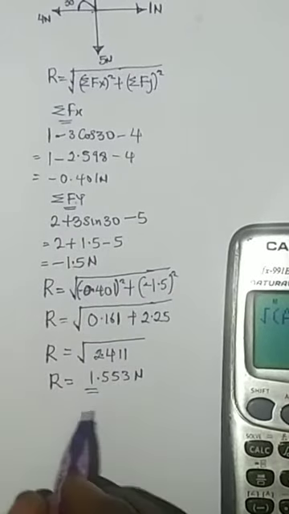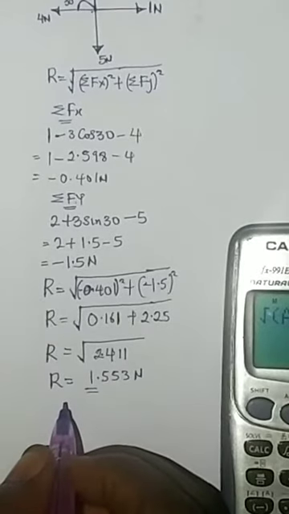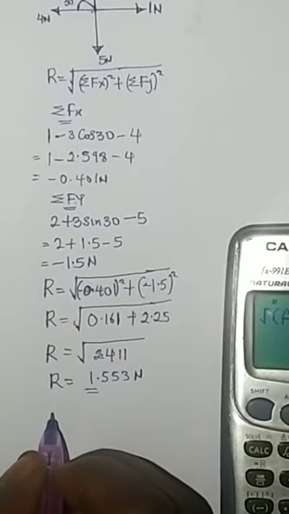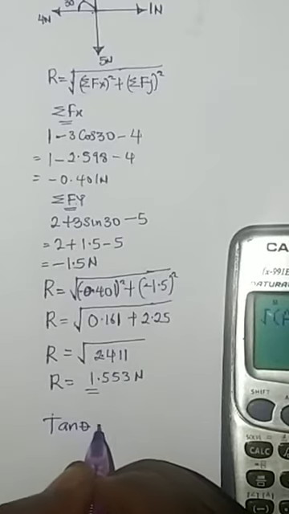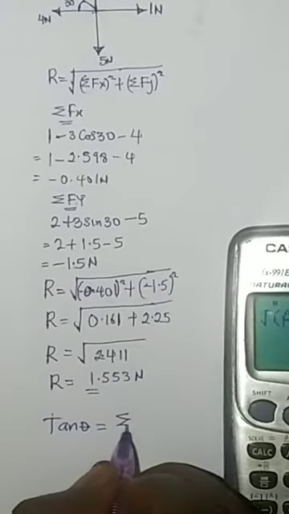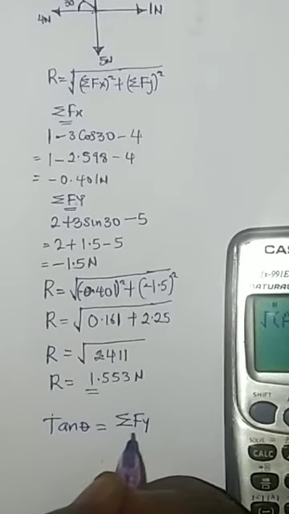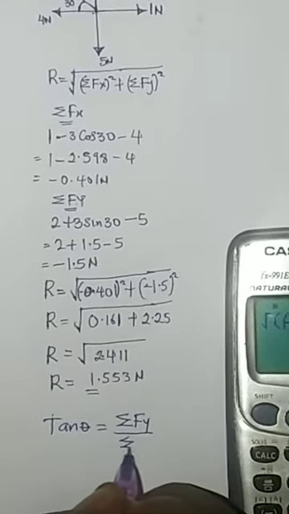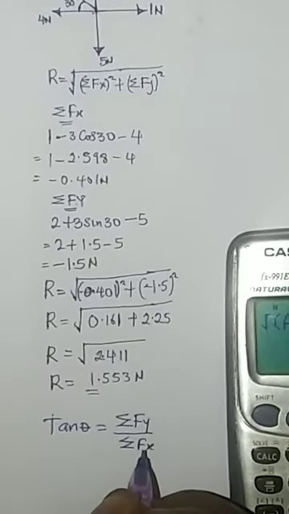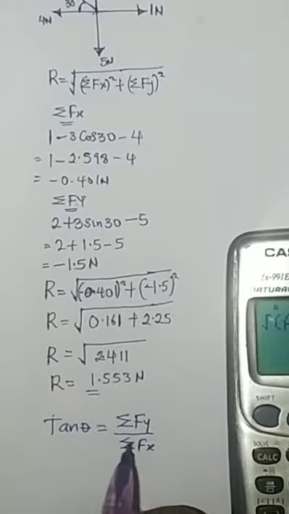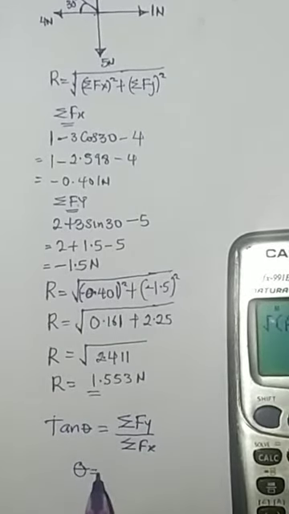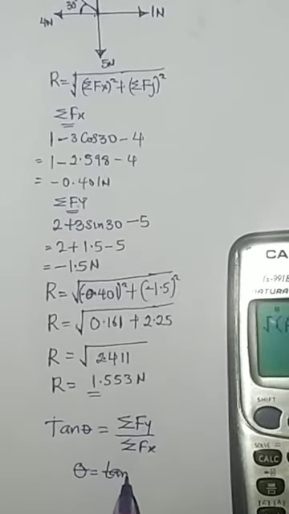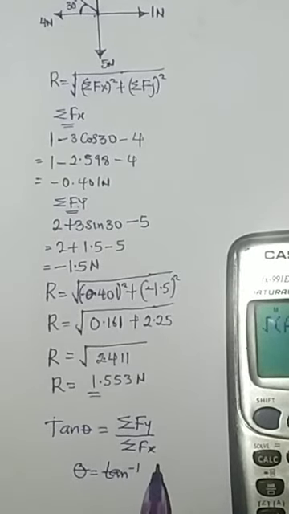So the same thing will apply to your tan theta. So if you look at your tan theta, tan theta is equal to summation of F of y over summation of F of x. So if you do your mathematics, you'll be having your theta equals to tan inverse of whatever you have here.